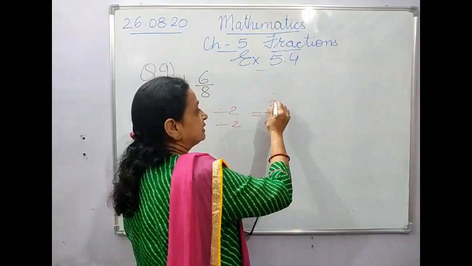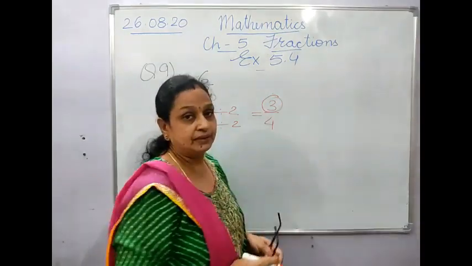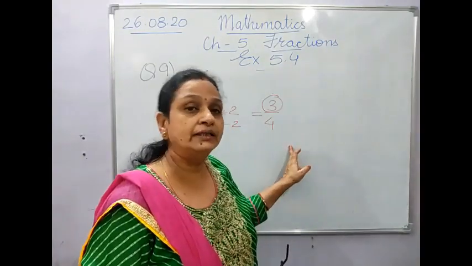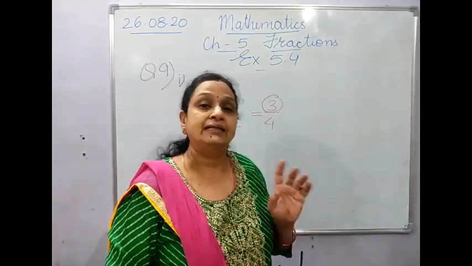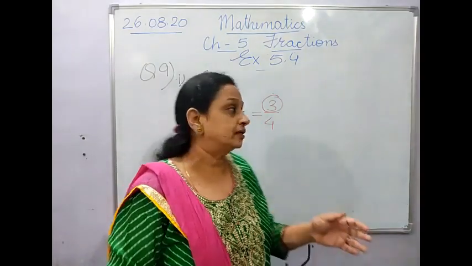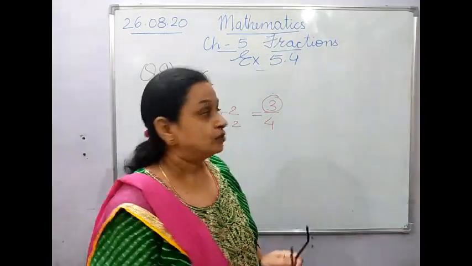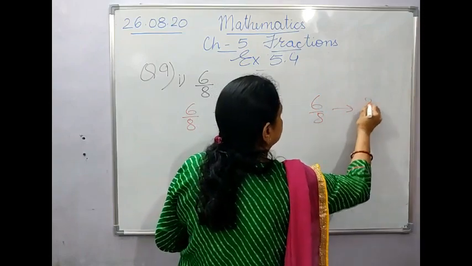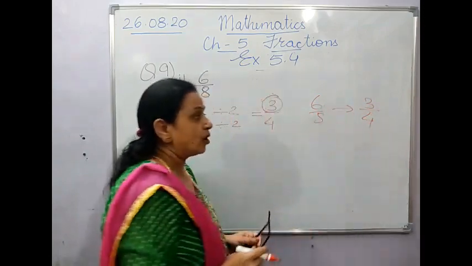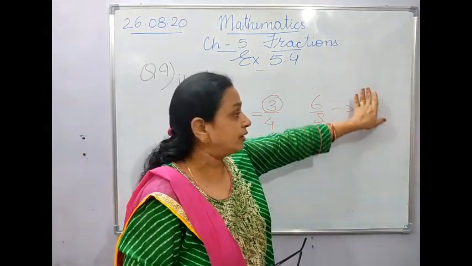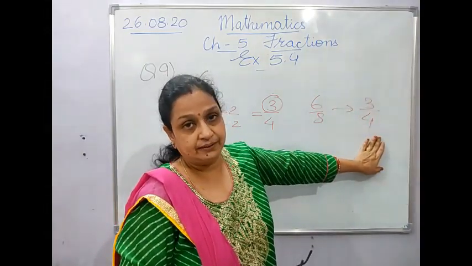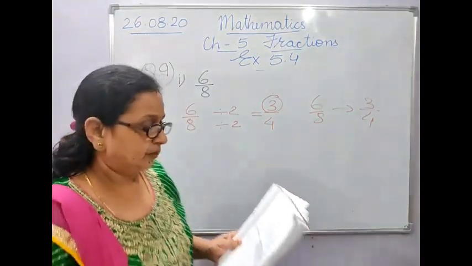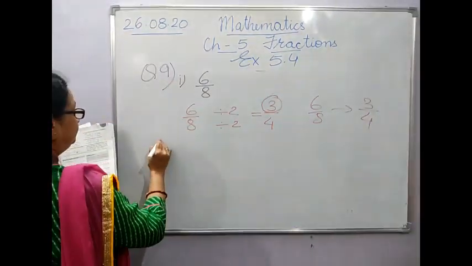And another thing is that this 3 is a prime number. If either the numerator or the denominator is a prime number, that is the reduced term of your question. So the reduced form of 6 upon 8 is 3 upon 4. Now it cannot be reduced. Okay, I'll give another example. I'll take the third one.